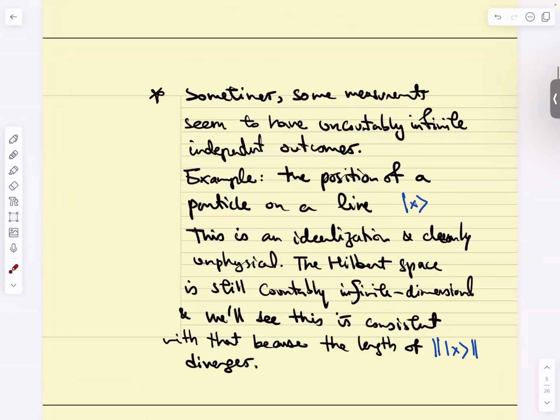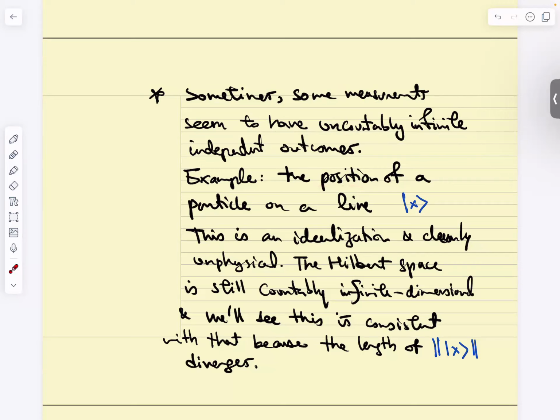Now, here's a little comment. We're going to come back to this in a couple of lectures, but I want to say it now to get it straight. Sometimes some measurements seem to have uncountably infinite independent outcomes, for example, a continuous set of outcomes.